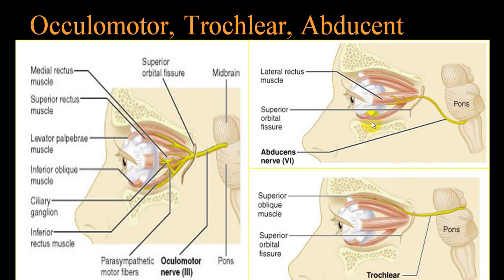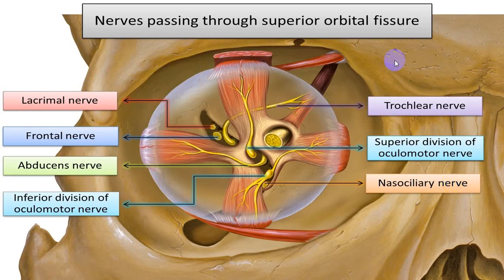The trochlear will come out from the posterior side of the midbrain and then run anteriorly. We'll be dealing with that in detail, discussing these three cranial nerves.